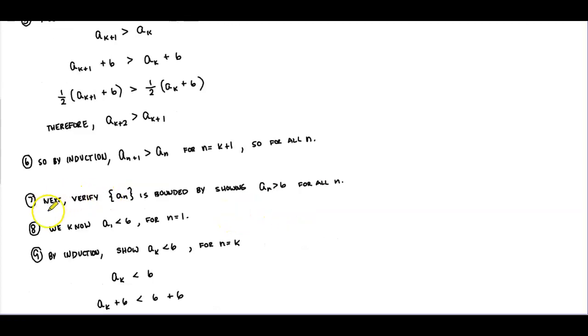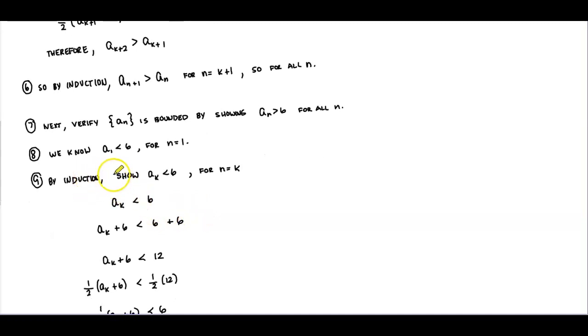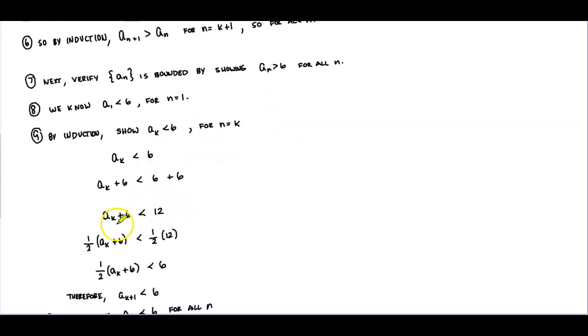In step 7, we want to verify that the sequence a subscript n is bounded by showing that a subscript n is less than 6 for all n. We know that the first term is less than 6 for n equal to 1. So again we're going to use induction. We assume a subscript k is less than 6. Going by the original sequence formula, we add 6 to both sides, so a subscript k plus 6 is less than 12.